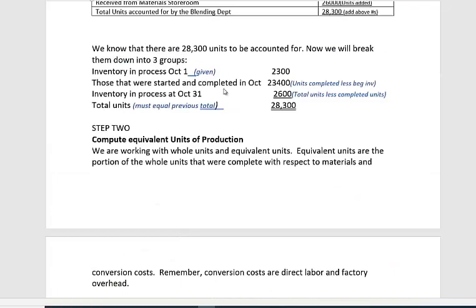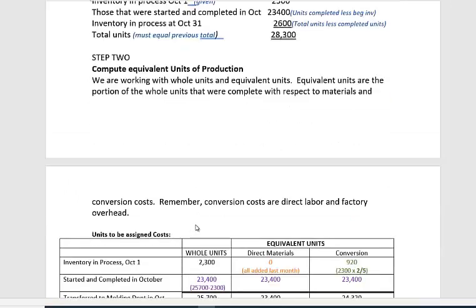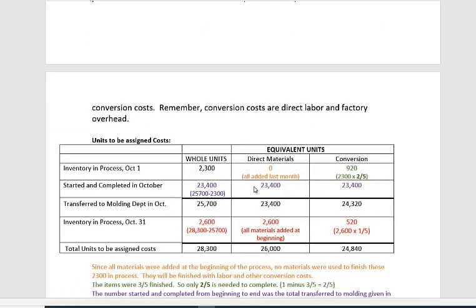If we go back up here, we see that there were 23,400 units that we calculated as being started and completed. So that means that as far as equivalent units, all the materials were added for these 23,400 units, and all the conversion costs were entered for the 23,400 units because they were started and completed.